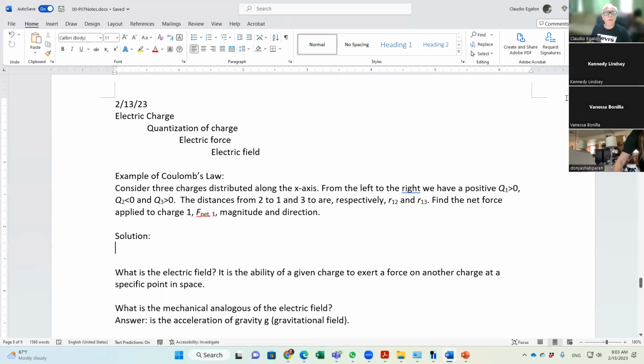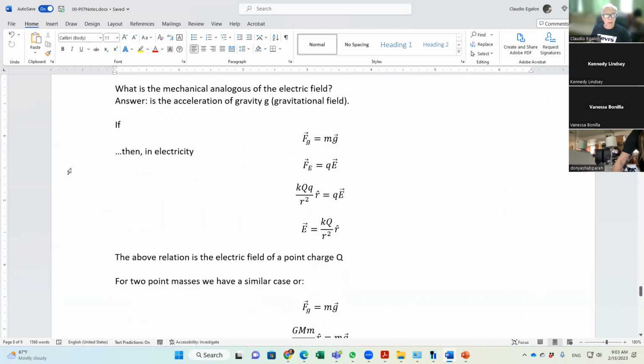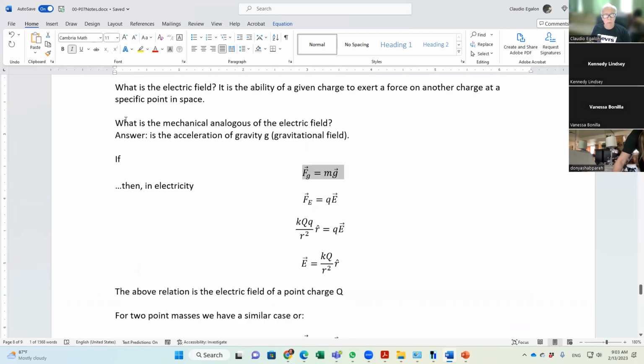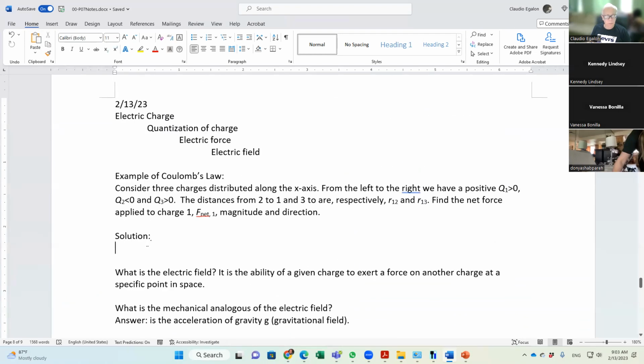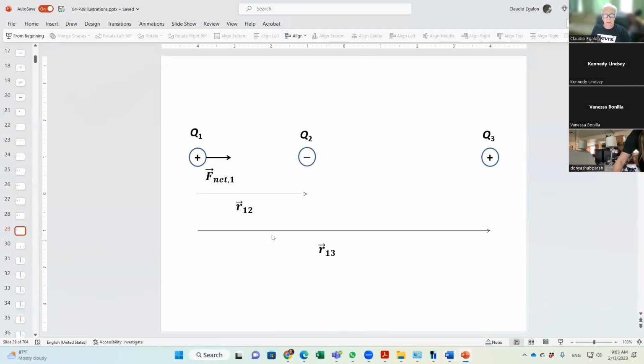So let's start with my formulas here. Solution. And I'm going to do something else too. In addition to this axis, to this vector position here, I'm going to also label this as the x-axis.